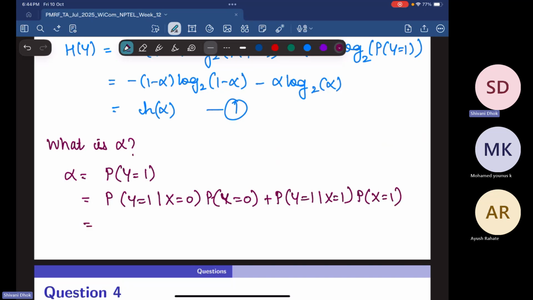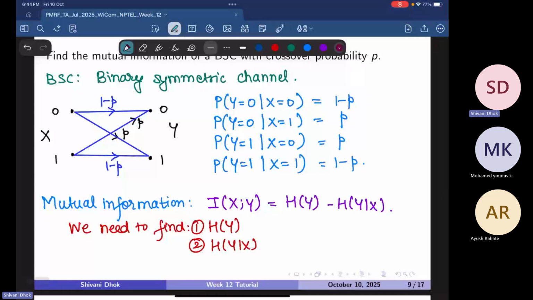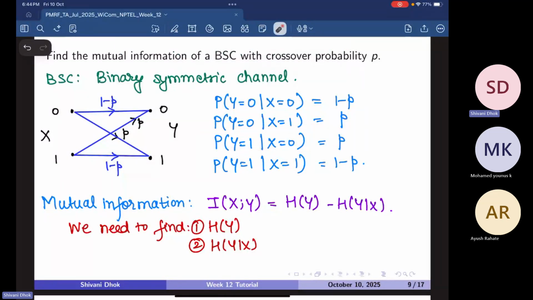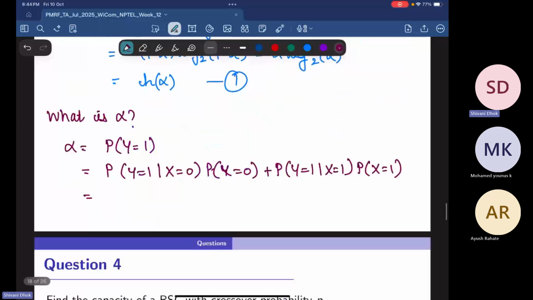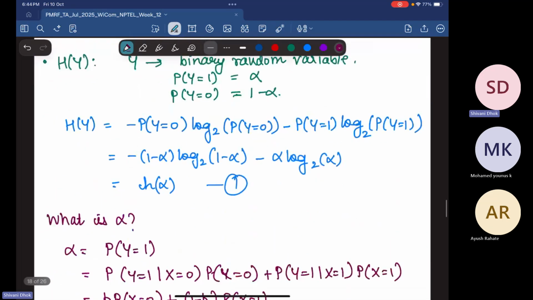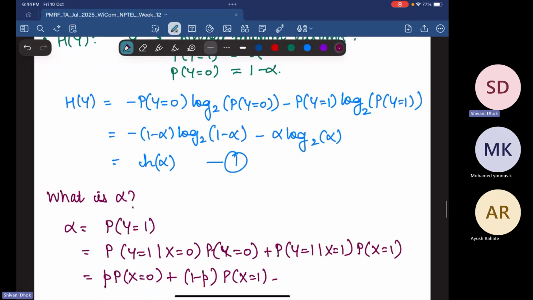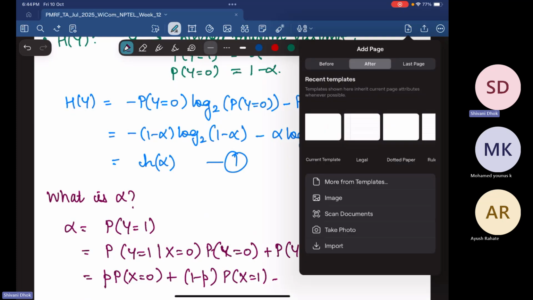Now the probability of Y equal to 1 given X equal to 0 is P, so this is P into the probability that X equal to 0, plus 1 minus P into the probability of X equal to 1. When you know the probabilities of X equal to 0 and X equal to 1, you can accordingly find the value of alpha. This is how you will find H of Y. But capital H of Y equal to small h of alpha is sufficient information that we will require.